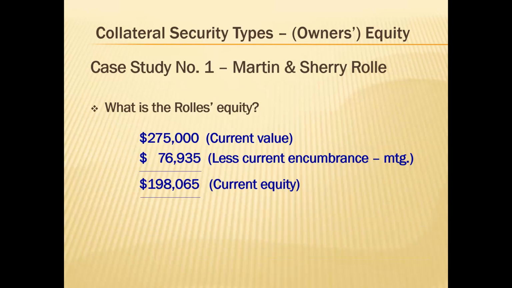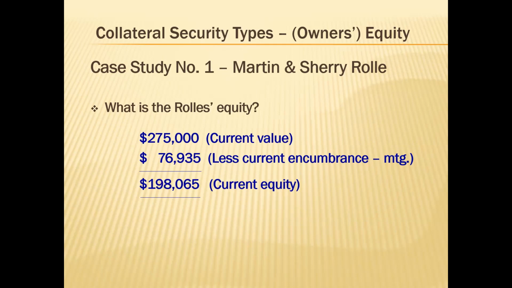Question: when they do a current evaluation or appraisal on your home, the bank only traditionally takes about 80% of the actual value, right? Well, it depends on the financial institution. Some financial institutions may do it both ways.